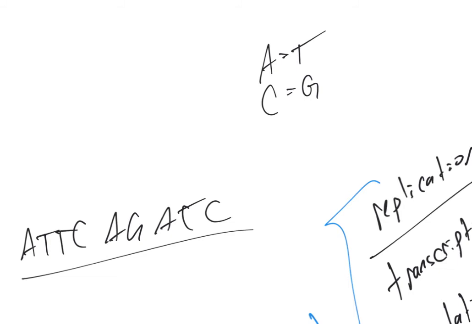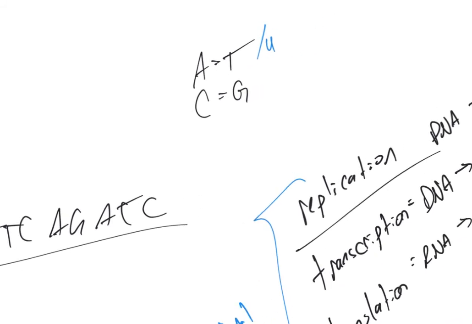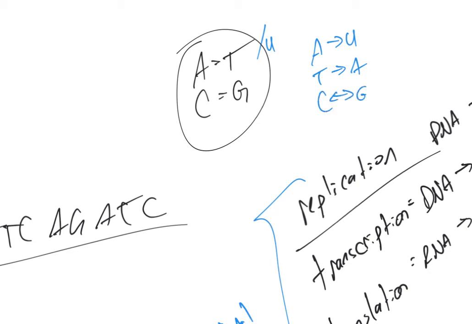For RNA, right? So this is DNA, right? For RNA, A goes to U, T goes to A, and C and G are interchangeable.